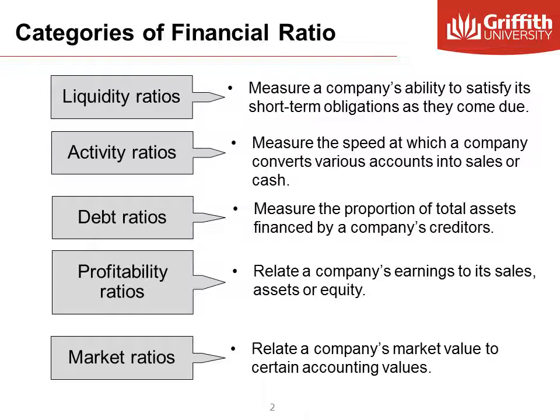Debt or financial leverage ratio measures the proportion of total assets financed by company's creditors. Profitability ratios relate a company's earnings to its sales, assets, or equity. And last, the market value ratios relate a company's market value to certain accounting values.